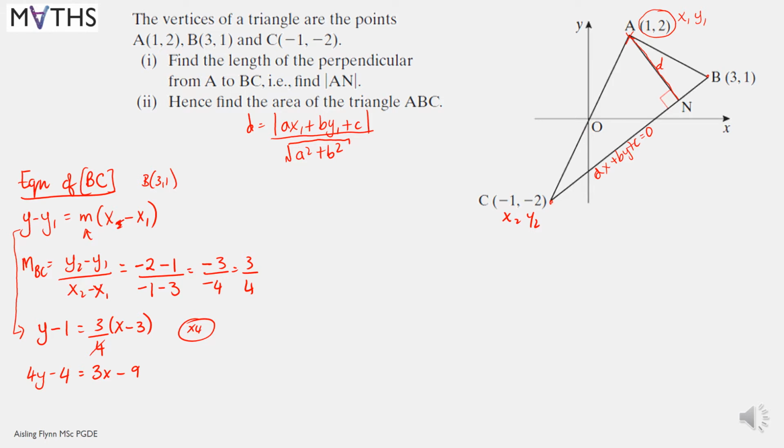So I'm going to bring everything to the right hand side and leave nothing on the left. So we'll have 3x. We're taking 4y from both sides. We have minus 9 already on the right, and we're going to add 4 to both sides. Okay, and final tidying up of that, we'll have 3x minus 4y minus 5 equals 0.